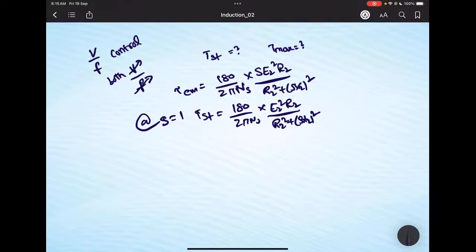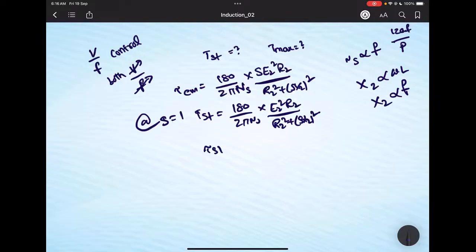So we know that ns is inversely proportional to f. Since ns is given by 120 f by p, speed is directly proportional to the frequency. And X2, the inductive reactance, is directly proportional to omega L. That means X2 is also directly proportional to frequency.